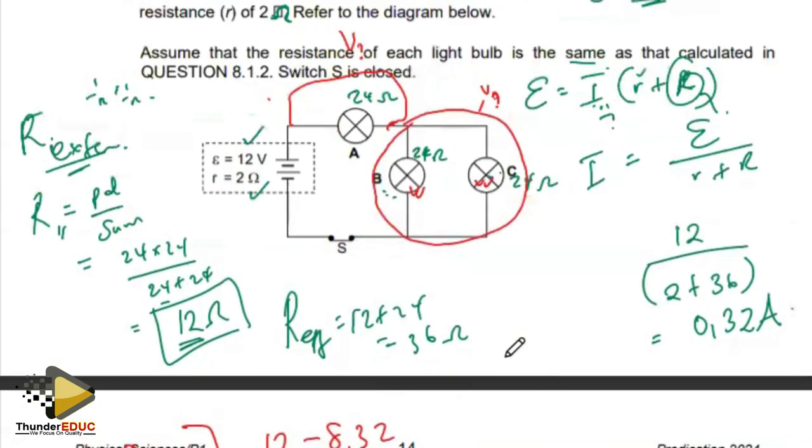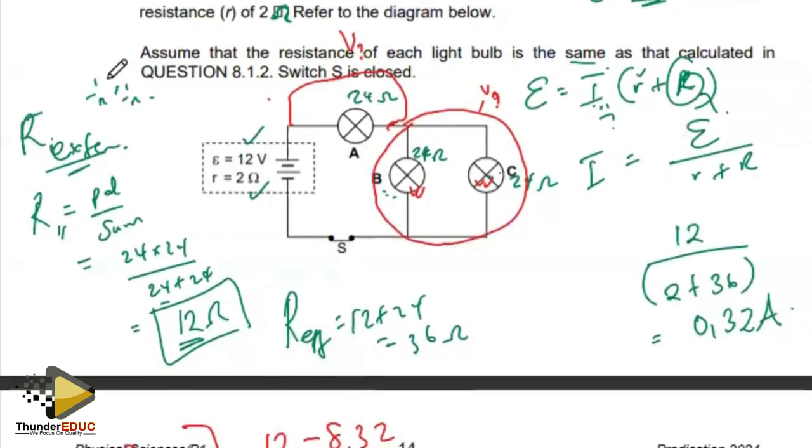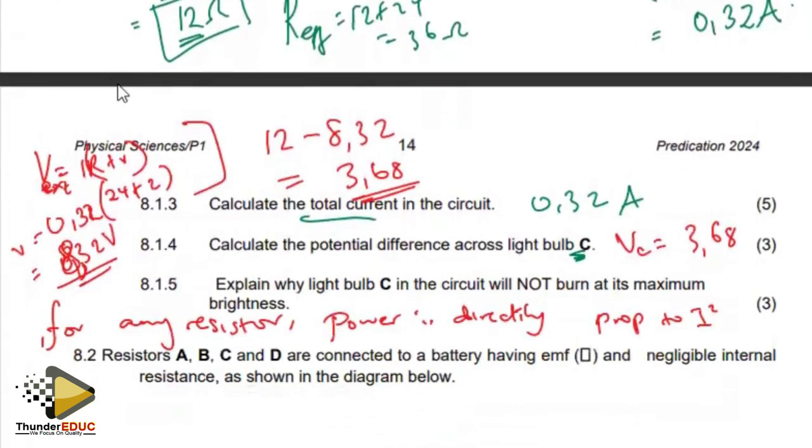Remember I said it was I squared R, or V squared over R, and inversely proportional to the resistance. So which means that however much the power increases, the resistance just tends to decrease.